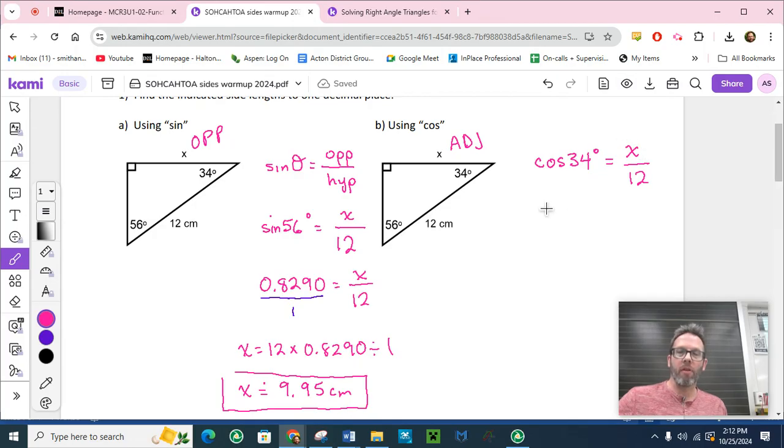So the variable's on top, so we're just multiplying by 12. 12 times cosine 34. All right, that's the minimum amount of work I want to see. At least that. It should give you the exact same answer, right? 9.95.